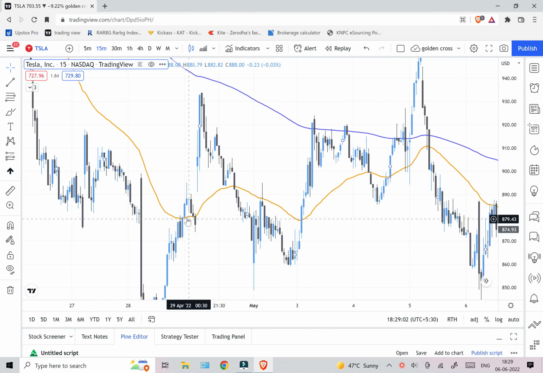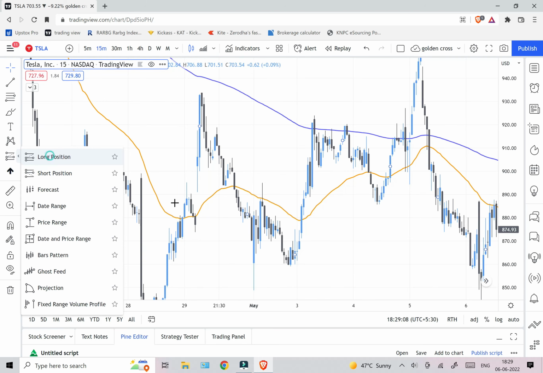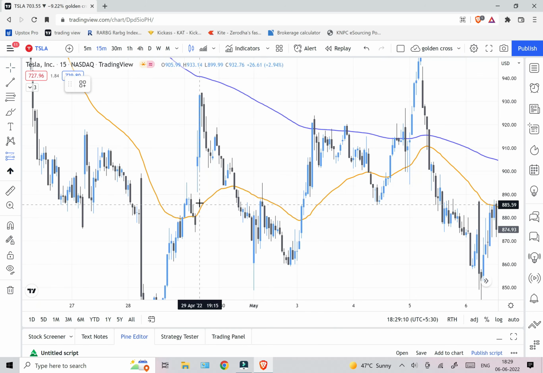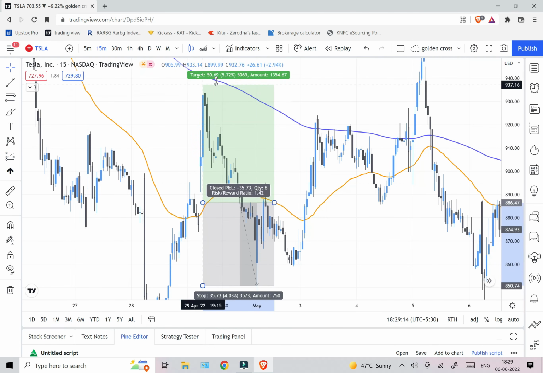Over here, this is a buy entry. If you enter at this candle also, your target would have been this 200, but it did not come till there.